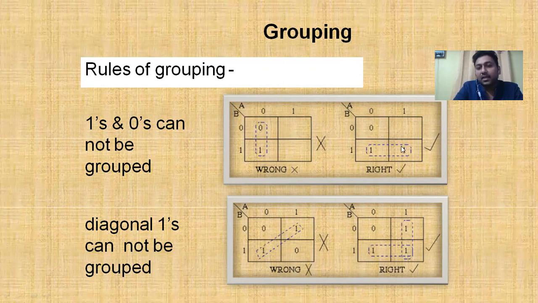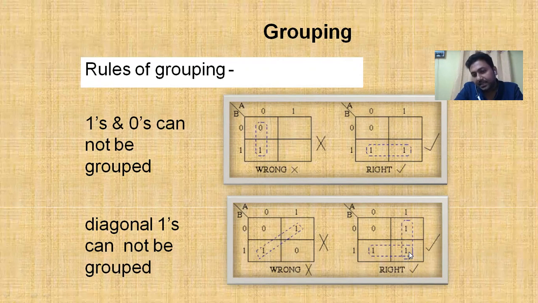We follow two adjacent ones in adjacent places, so we group these two. An important thing is that diagonally there are two 1s, but diagonal grouping is not right, it is wrong. Here this is right: this pair of 1s is a group and this pair of 1s is a group.